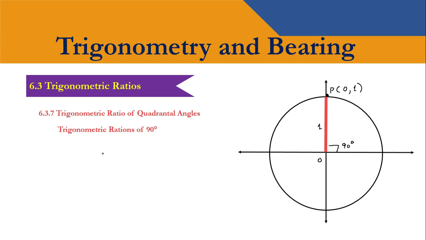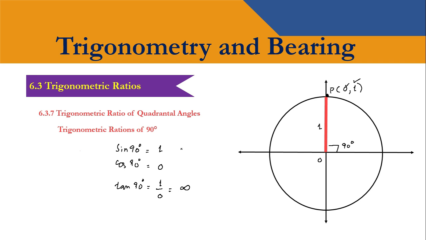By using the trigonometric ratios in terms of the unit circle, we know that sine 90 degrees is equal to the value of y, which is 1. Similarly, cos 90 degrees is equal to the value of x, which is 0, and tan 90 degrees is the ratio of y over x, where y is 1 and x is 0, which is equal to infinity.